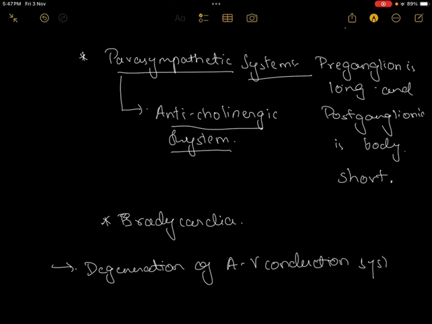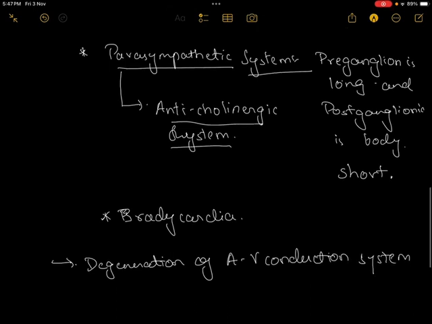As the statement itself says, if there is any degeneration, or any malfunctioning of the AV node conduction system, or if there is any trauma to the heart, which may lead to injury or degeneration of the AV conduction system, then it may also lead to AV node blockage.